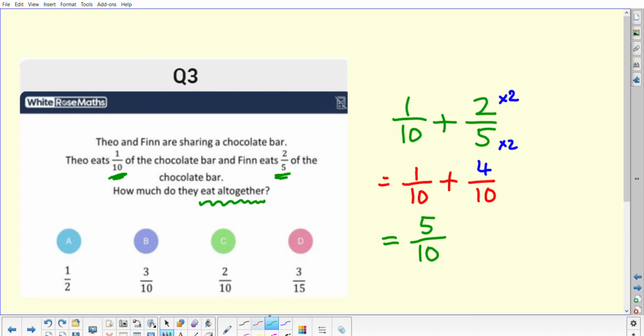And clearly, with the rules of fractions, by now you should know that you're always expected to simplify your answer, and 5 tenths we can divide both of those numbers by 5, and that fraction simplifies and becomes a half. So your answer for this one should be answer A.